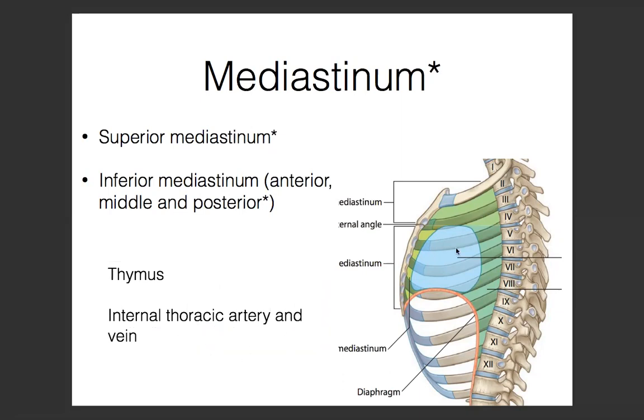Well, if you think about it common sense wise, an internal thoracic artery is actually sitting on the inside of the anterior thoracic wall, right? So they're literally running here. So it makes sense that they're in the anterior mediastinum, right? And with them the thymus, which sits in this area here. So it sits in the superior and in the anterior.